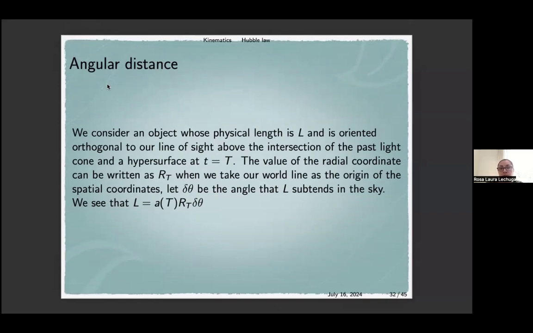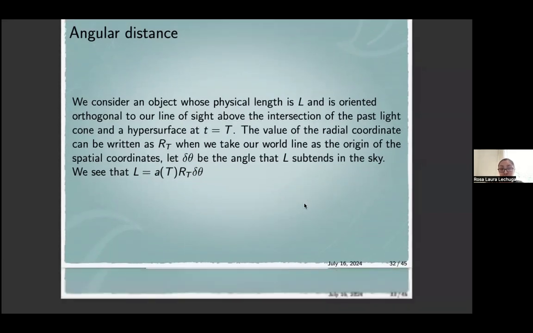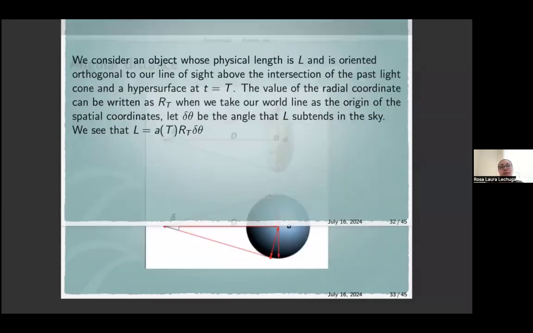Now I'm going to present the angular distance. It is a quantity which helps astronomers get the distance between objects such as stars.